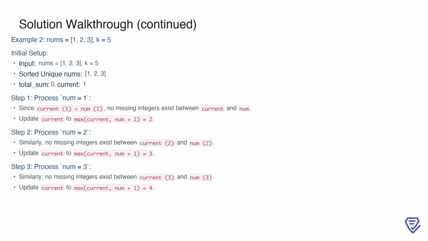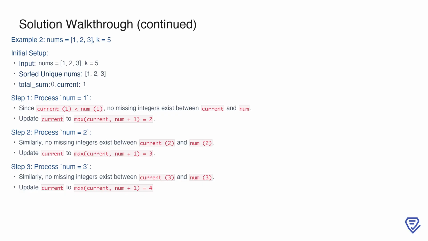We update current to max(current, number + 1), which makes current equals 2. Similarly, for the next number equals 2, there are still no missing integers since current is equal to number. Again, we update current to number plus 1, making it 3. Finally, for number equals 3, we see the same situation, no missing integers between current and number. We update current to 4.